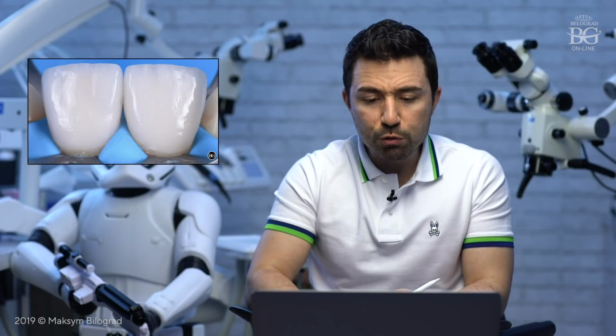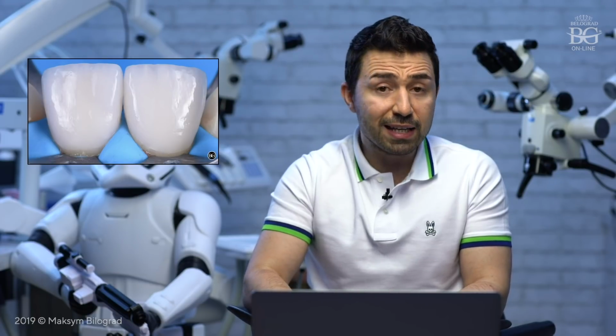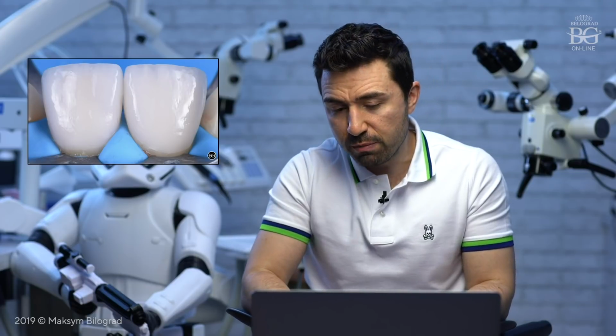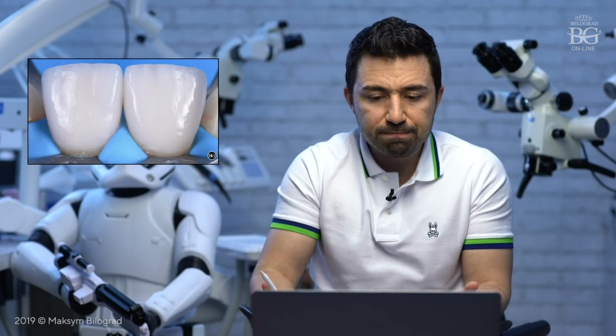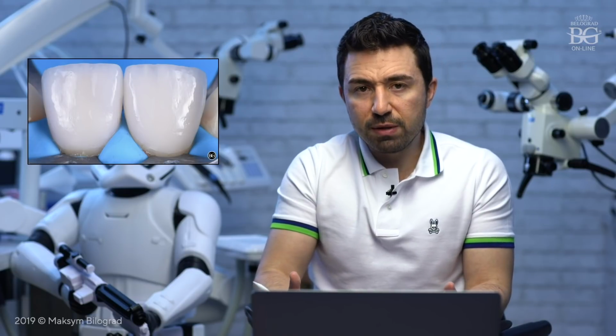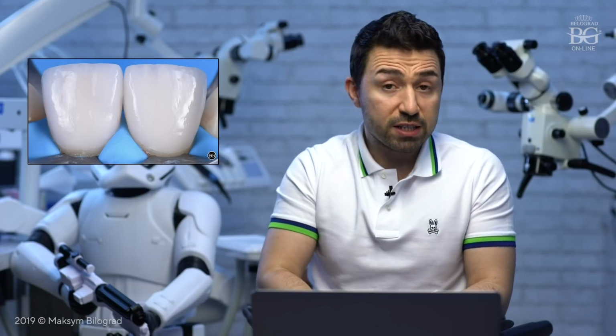Now you can see the dry fit control, which means this picture was taken before cementation, because I saw a lot of cases when dentists and colleagues show the fit after cementation, and it doesn't give any information, because after cementation every single margin will be filled with resin composite.